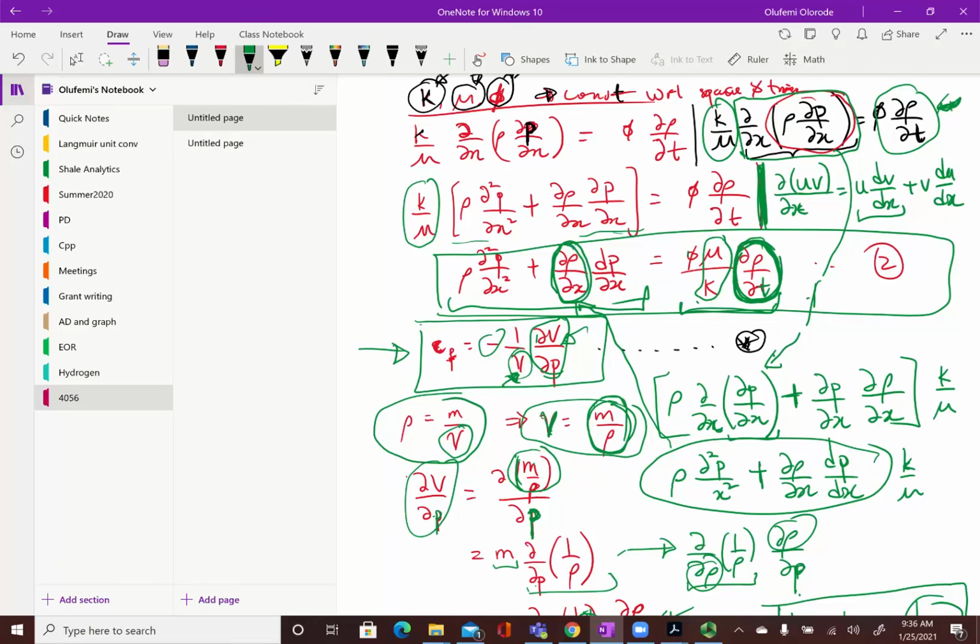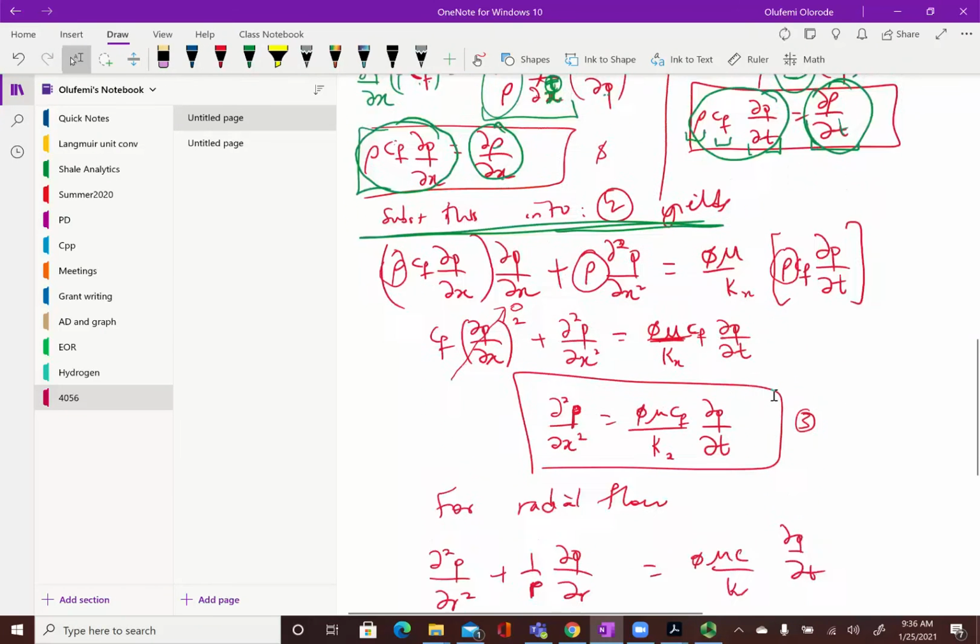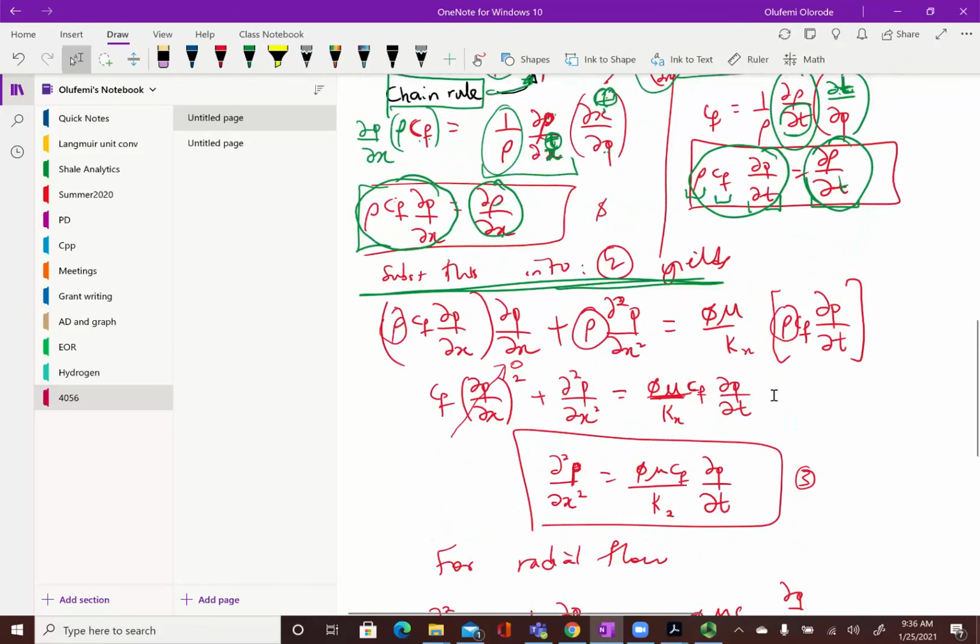And this is the rho dx, which we're going to replace with what we just derived. And so the equation becomes this. That's the term we just substituted in. This is the second term we just substituted in. And that's the same equation as before.